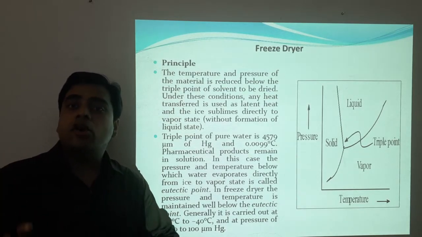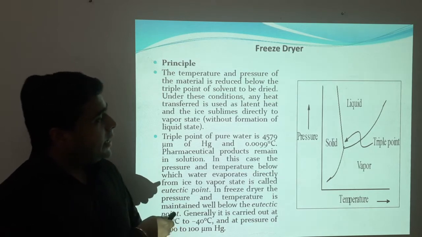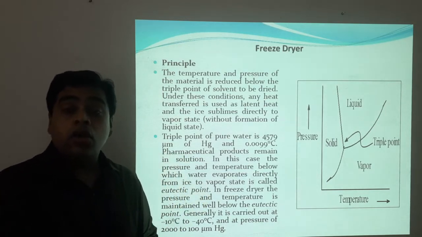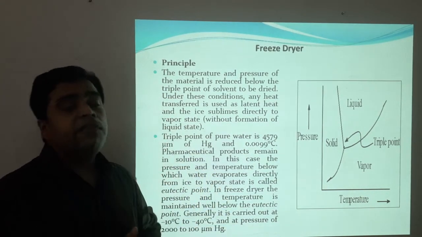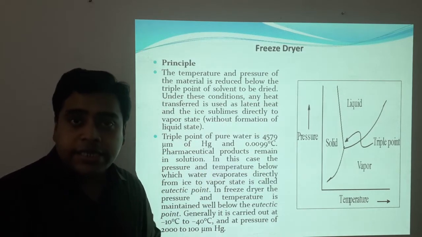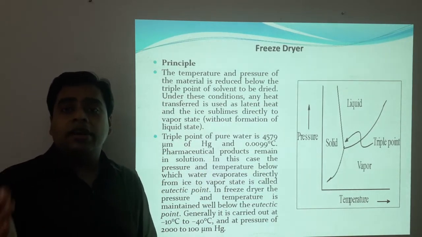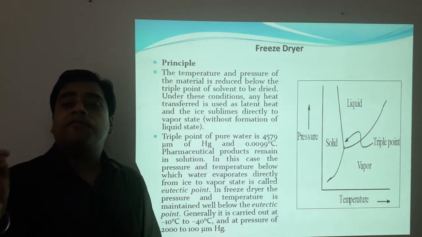Under this condition, any heat transferred is used as the latent heat, and the ice, the solidified water, sublimes directly from the solid state into the vapor state without formation of the liquid state. This particular principle is the principle behind the freeze dryer.